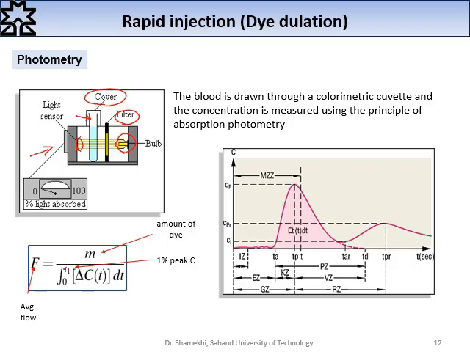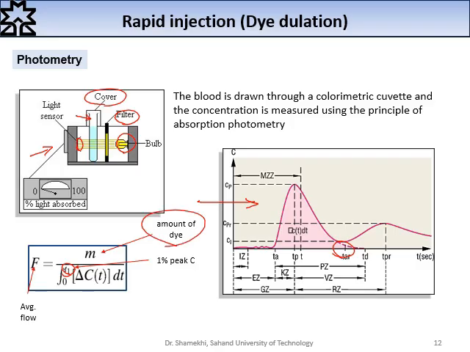We have a curve like this, and based on this curve we can measure the variation and the time. We can find the time of our calculation.